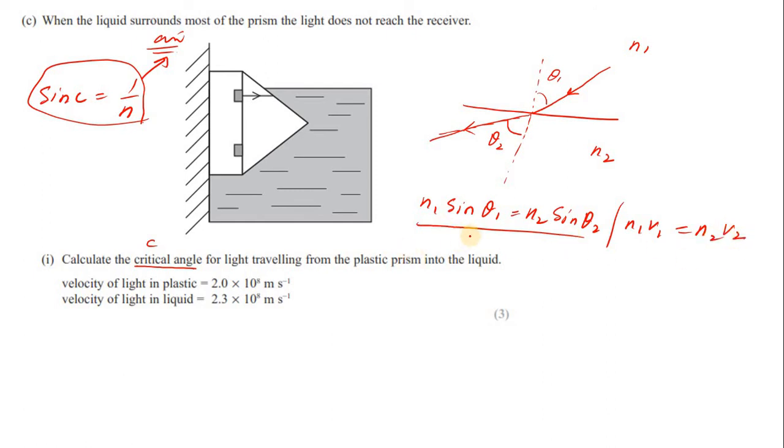Now clearly, if you rearrange this first equation as the ratio of n1 and n2, you say that sine theta 1 over sine theta 2 will be equal to n2 upon n1.